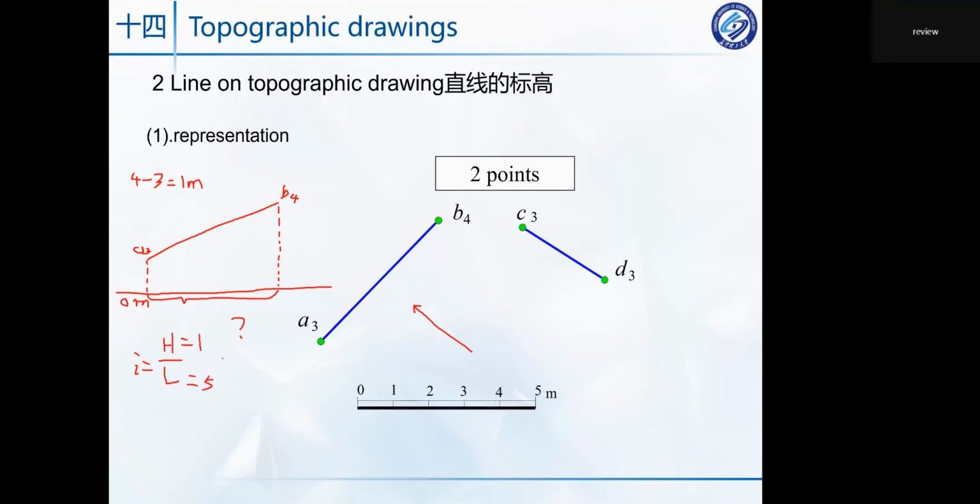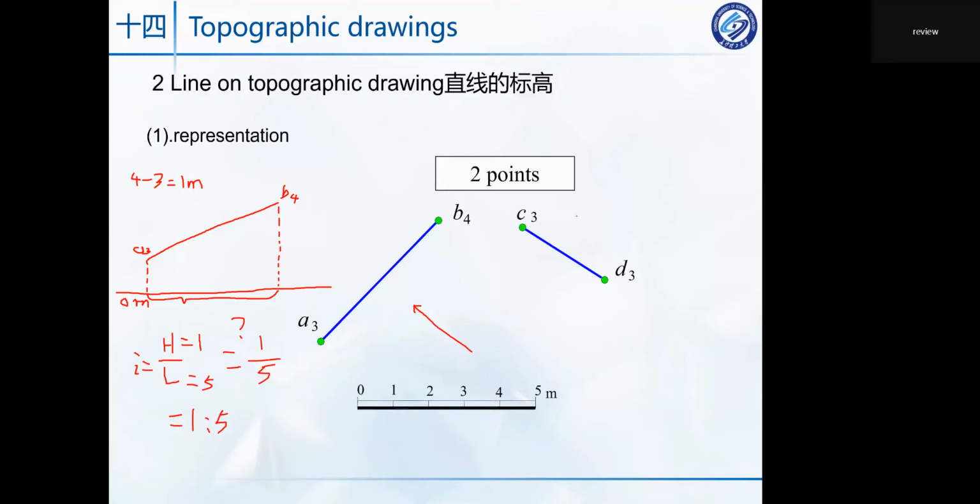So what is the slope of this line AB? It is equal to 1 to 5. Usually we represent it this way. That is the slope of this line.